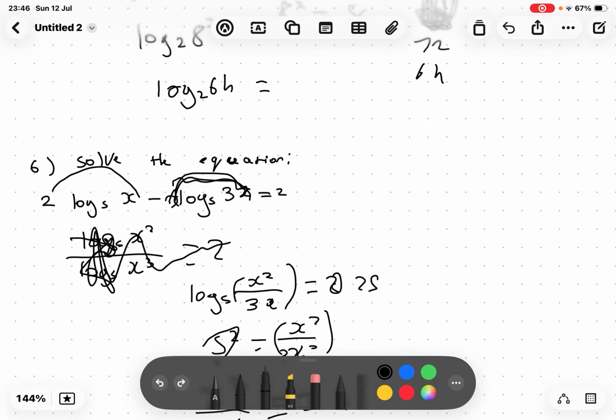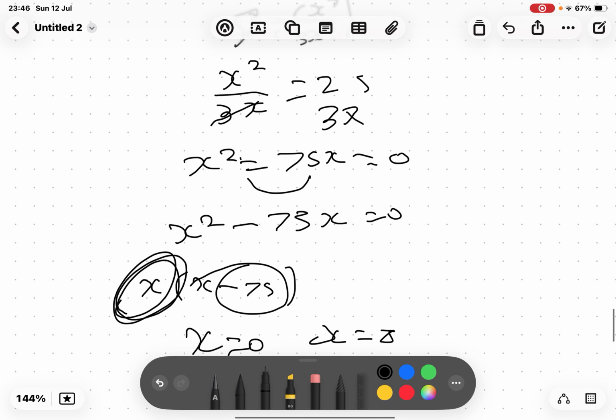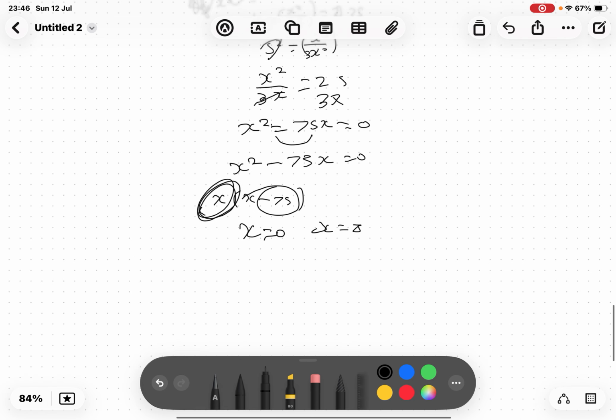Even at the start, if I didn't move it, so 3x over here, that would equal 0, and we can't have the argument equaling 0, because that does not make sense. So that's all of it for today. Goodbye.